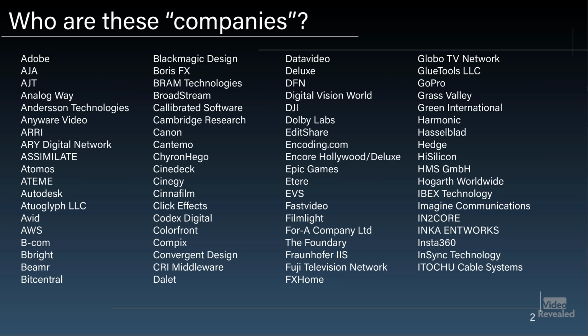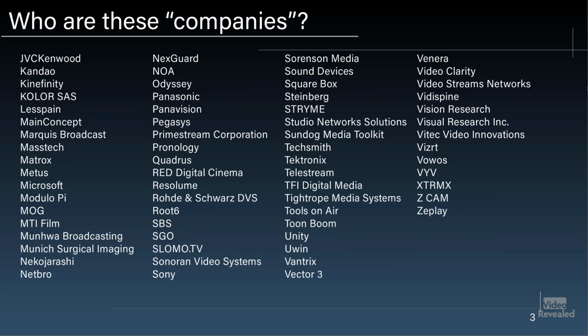It's everybody. This is one page, and you can see Adobe at the top, but Airy, Red, Blackmagic, everybody. So the whole industry is based on QuickTime. Everybody is using QuickTime out there. It's just everywhere.